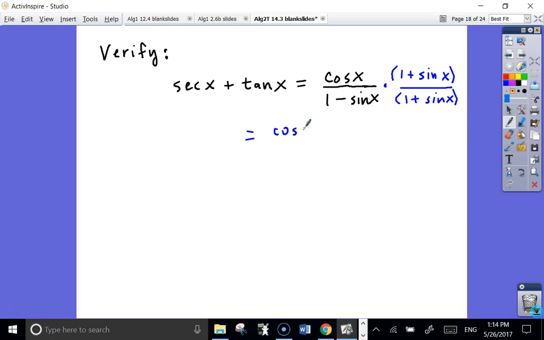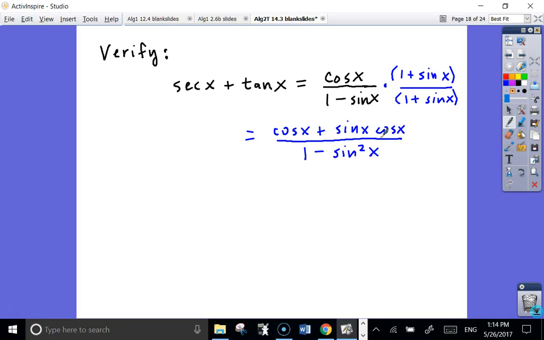Now I'll distribute: cosine x plus sine x cosine x. But 1 minus sine x times 1 plus sine x, that's a factoring of a difference of squares. That's 1 minus sine squared x. So that's a strategy. When you've got a 1 minus a sine, or even a 1 plus a sine, you multiply by essentially the conjugate, and you end up with something like this.